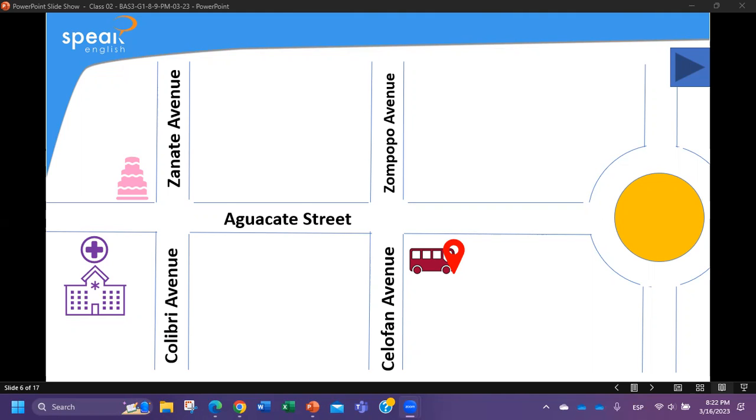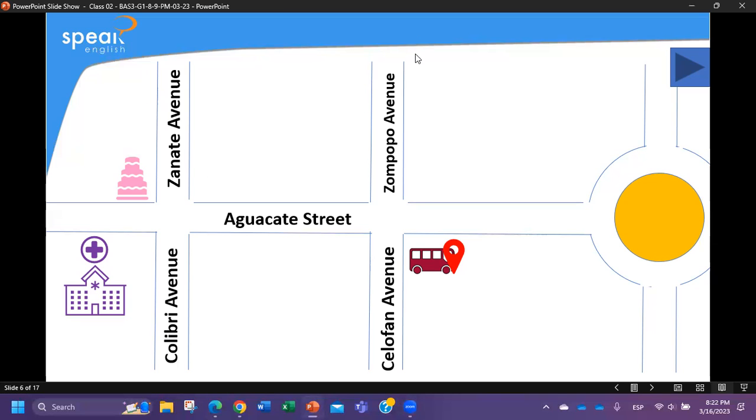And you will see the hospital. Right or left? Across from the bakery. Across from the bakery? Okay. So that would be a good option, actually.